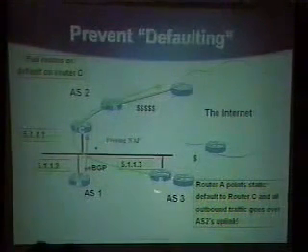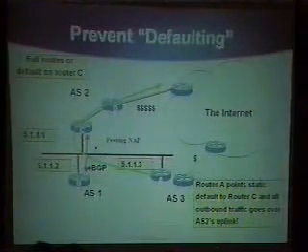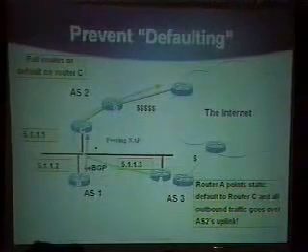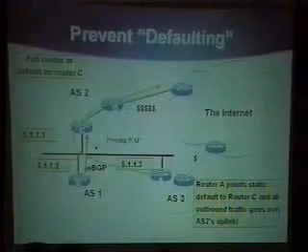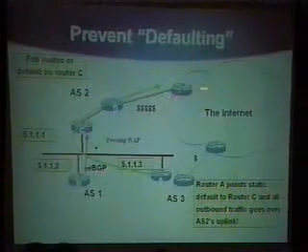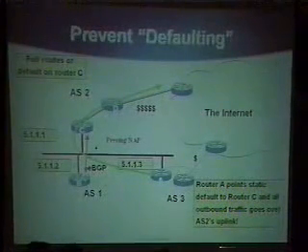If he points a static default route to your router C, he can send all his outbound traffic that way. He may have a 64K circuit to the internet, or 56K, or dial up, anything. And you've got a nice shiny OC12 sitting in there. He can point all his outbound traffic that way.